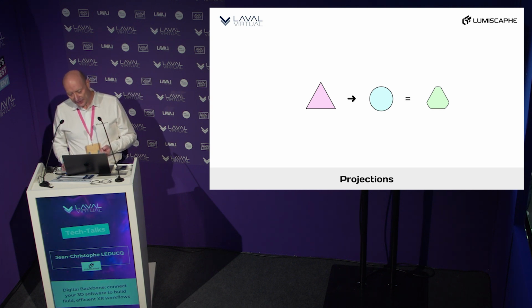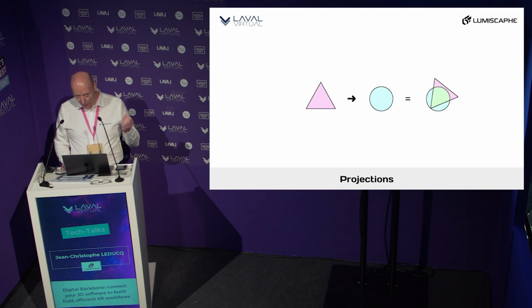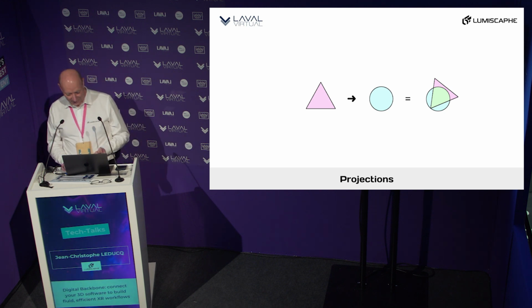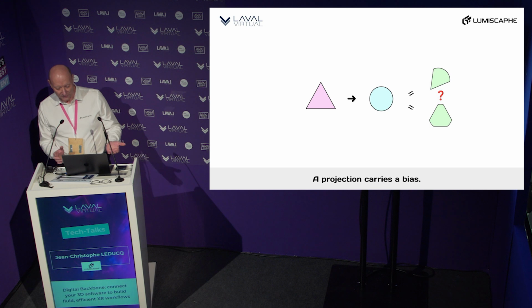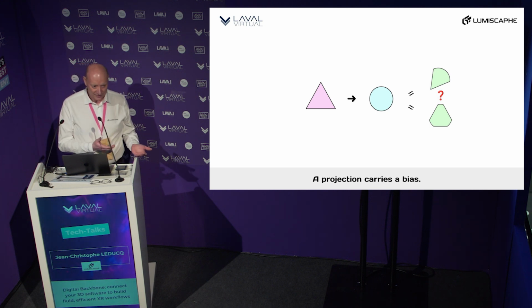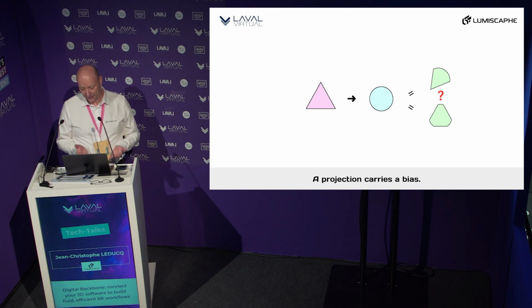And another thing that seems to be very important for me is that when you make a projection like that, you have several ways to project your information from world A to world B. So the result may be that also. So what is the right way to project my data from left to right? Is it the first one or the second one? That's very important to understand, because projection introduces a bias in your data.